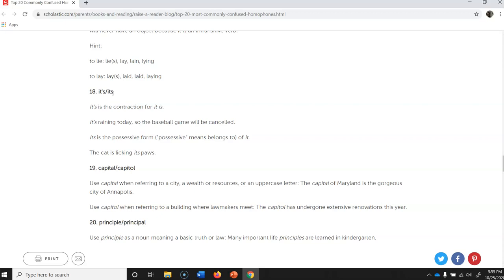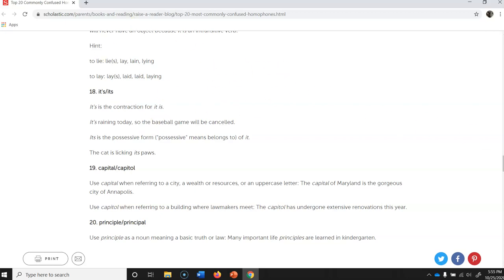It is. Its, without the apostrophe, is the possessive form of it. So we use that when something belongs to it. The example on the screen, the cat is licking its paws. Okay, the machine, the photocopier has trouble with its document feeder. The document feeder belonging to the photocopier.